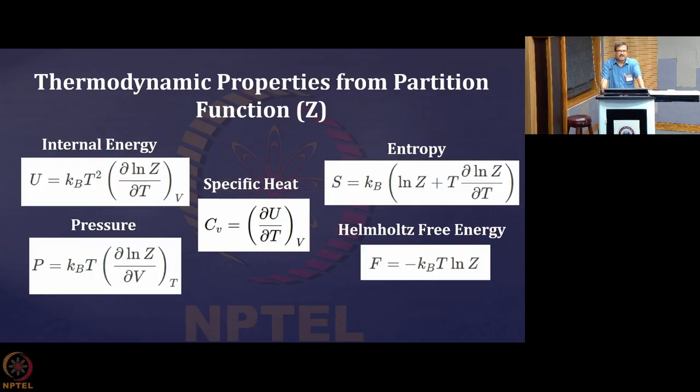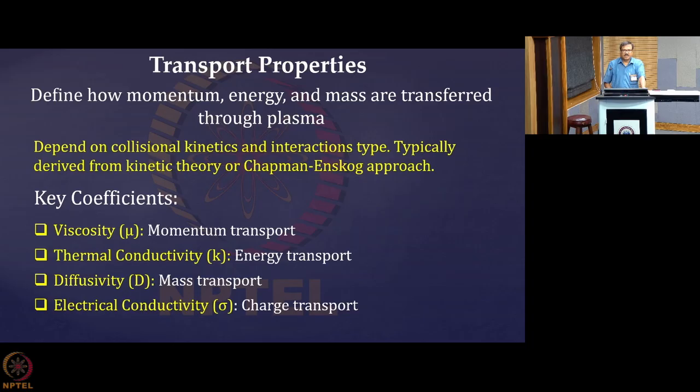That is the key to everything here. Once you know the partition function, you are able to derive all these thermodynamic parameters very easily. Okay. So with this, I now go to the transport properties.